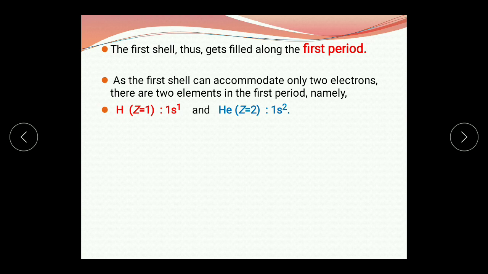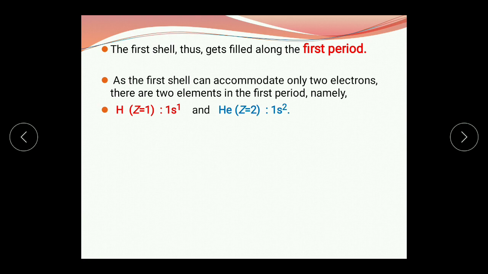The third shell begins to fill from the third period. The fourth shell will begin to fill from the fourth period. That means the arrangement of the elements in horizontal rows is according to the filling of a new shell. Every period begins with filling up of electrons in a new shell. You will observe that if we go step by step. So this is all about the first period.